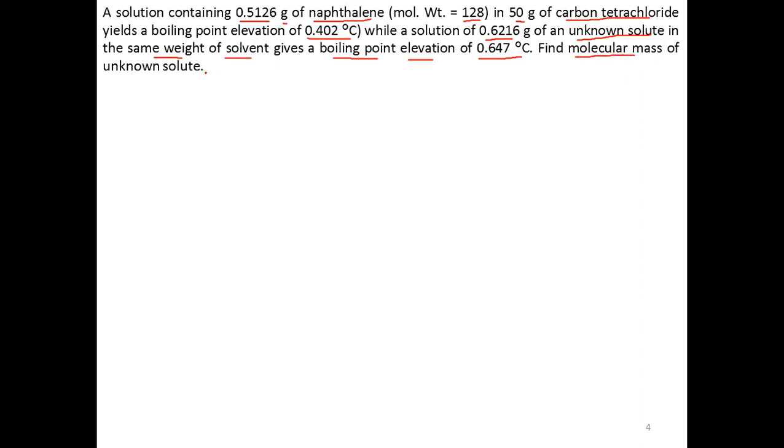Find the molecular mass of the unknown solute. So first let me give you a brief about this numerical. He says that a given weight of some solute in 50 gram of carbon tetrachloride produces a boiling point elevation of this.